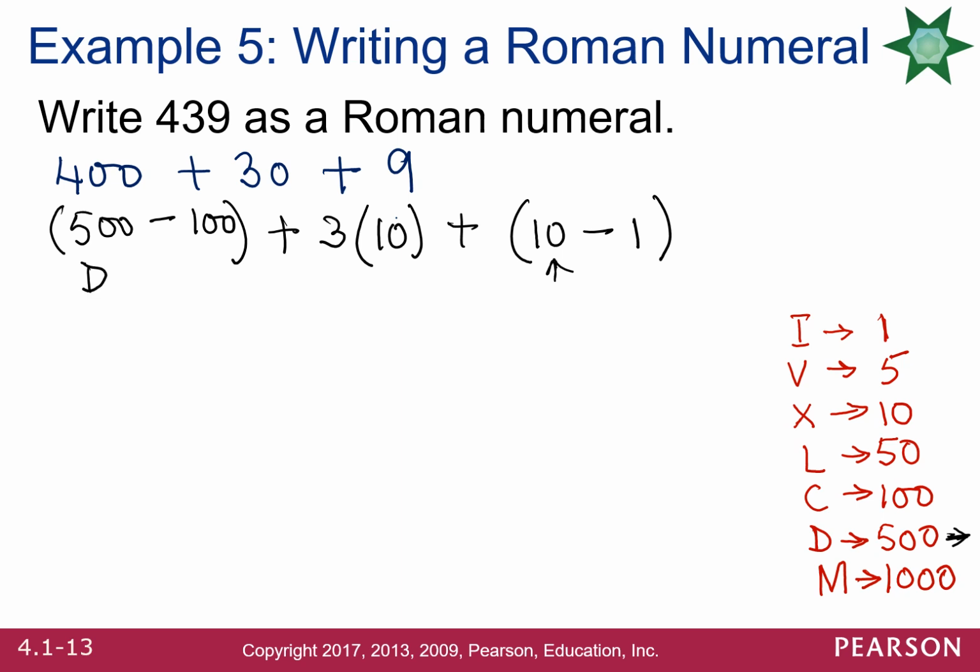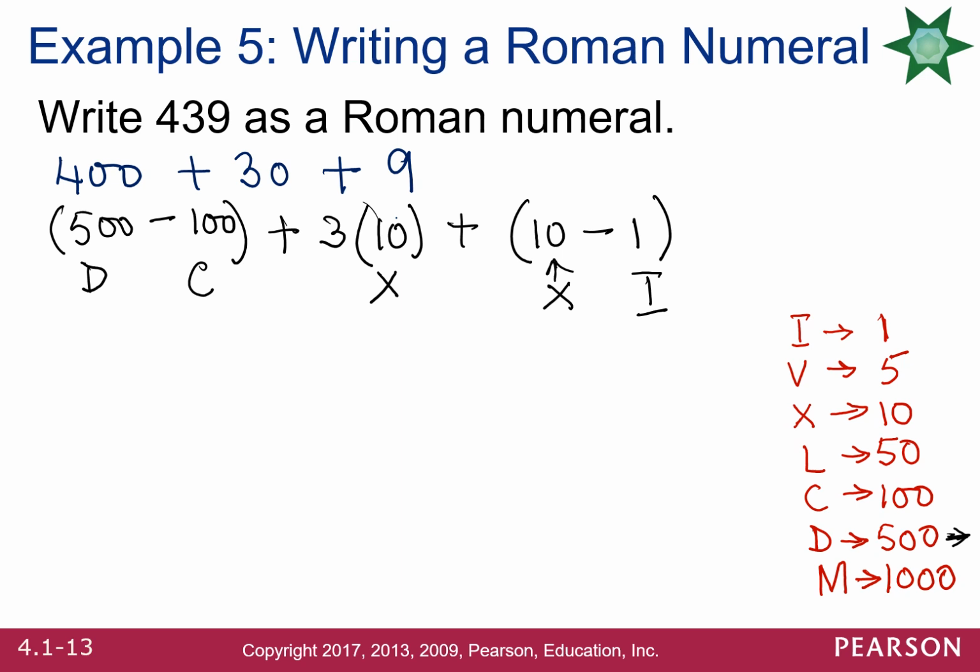This is D, this is C. This is going to be 3 tens. There's no way to represent the 3, so we will have to put X 3 times. Just a second, let me erase this line. This is going to be again X, and this is going to be I.